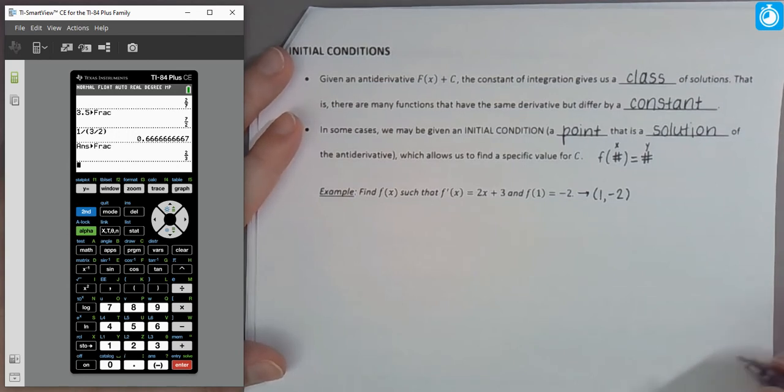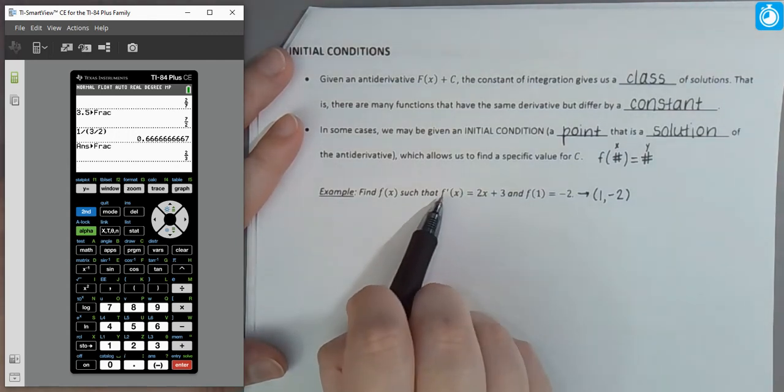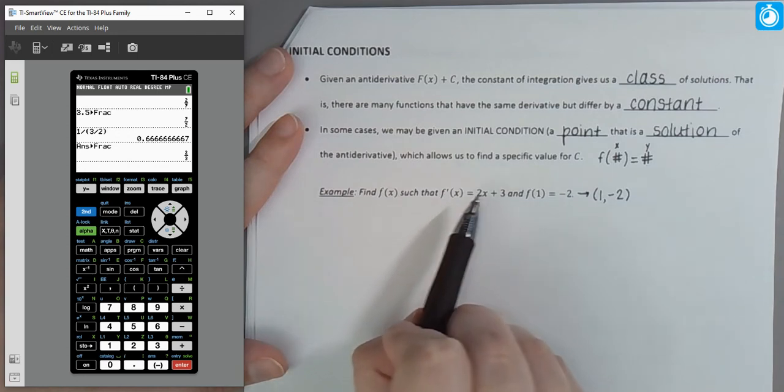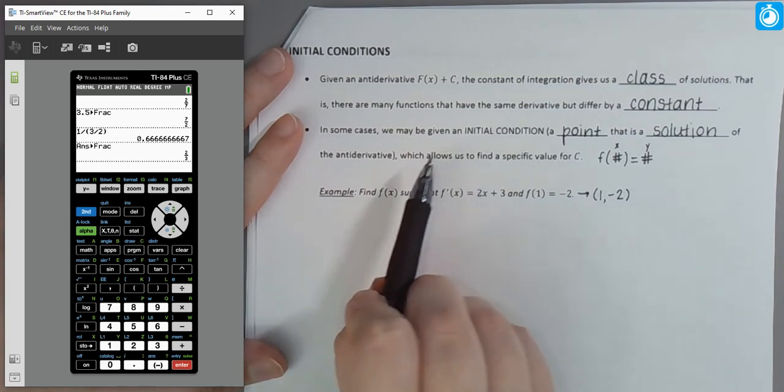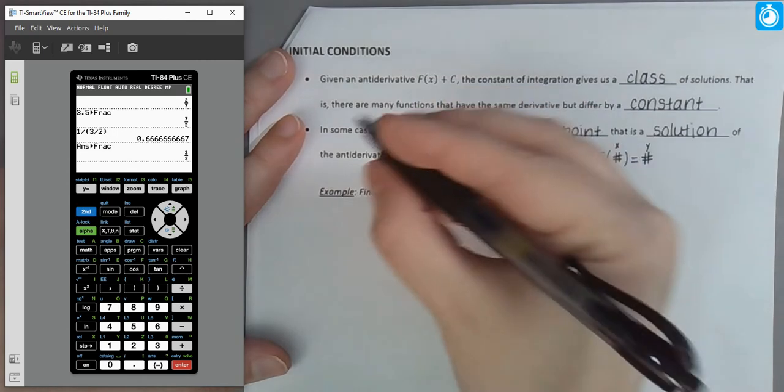So how do we know that we're taking an antiderivative? Well, we've been given a derivative, and we've been asked, what's the function that would result in this derivative? In other words, we're reversing differentiation to find our function. The official term for that is what we call antidifferentiation.